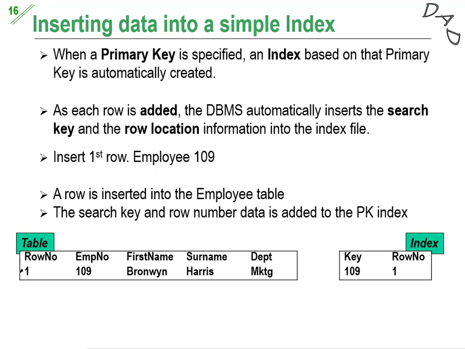It will record the address of that particular employee number, and then it will insert a record into your index table: the primary key value and the address of the primary key value.